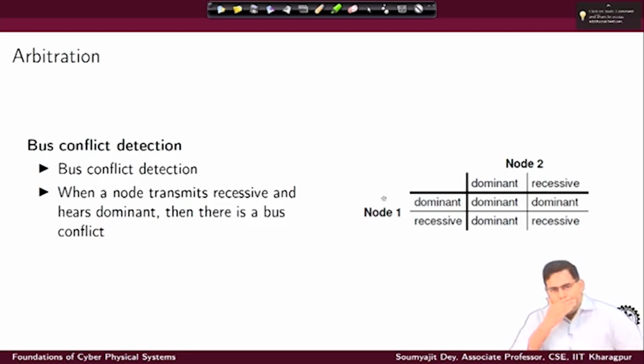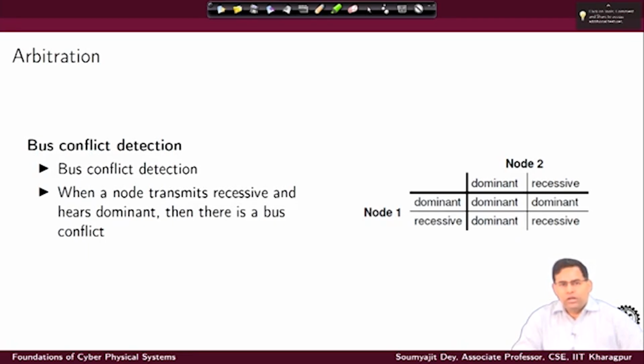So let's say node 1 and node 2 both are in a dominant state. That would mean the bus would also remain in a dominant state because there is a voltage difference. Now node 1 is in the recessive state, but node 2 is creating a voltage difference, so that's what will dominate the bus. So the result would be that the bus would be in a dominant state, right?